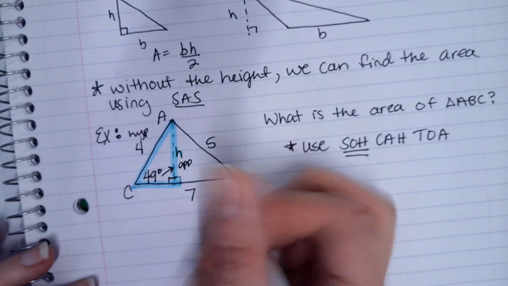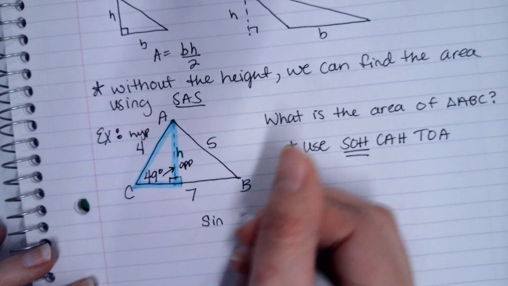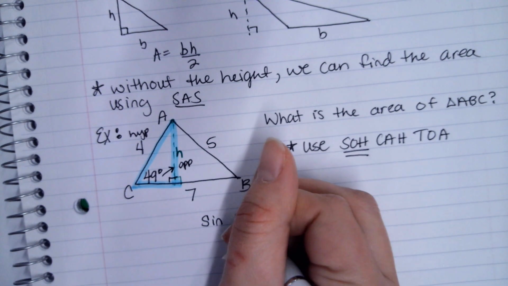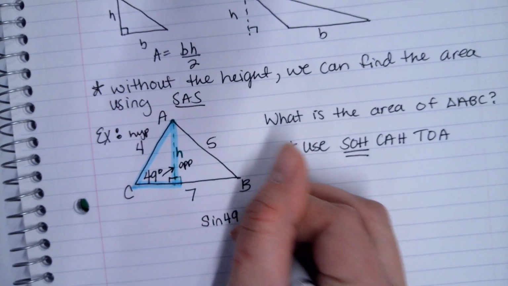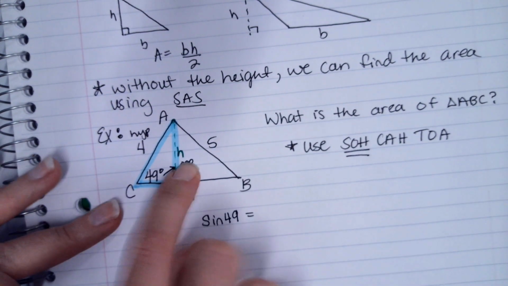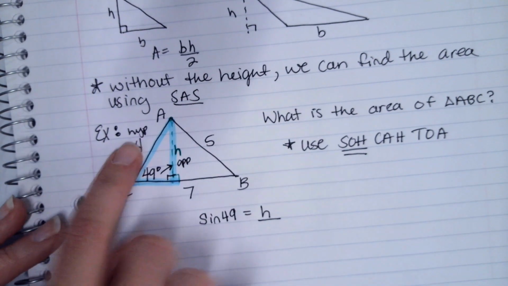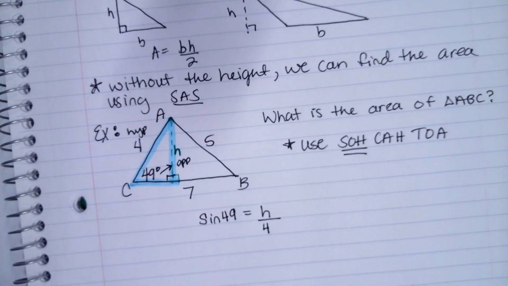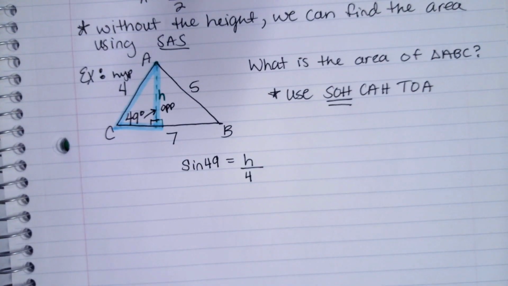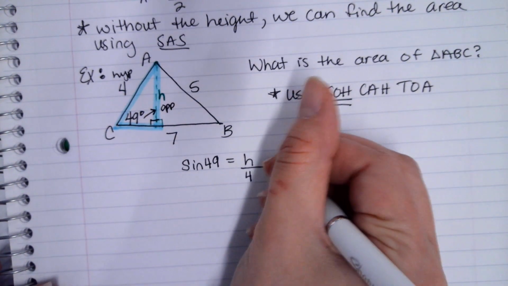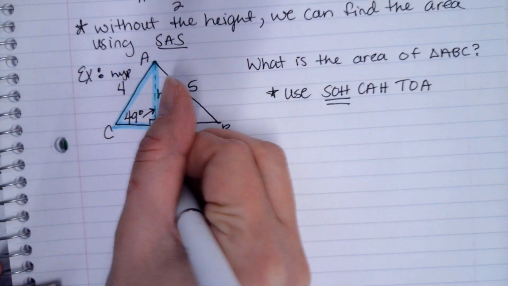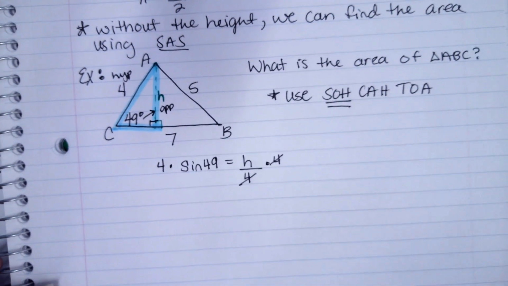So we're going to use sine of the given angle, which is 49 degrees, is equal to the opposite, which is my height, over my hypotenuse, which is 4. And now I just want to find out what h is. I'm going to multiply both sides by 4 to get h by itself.